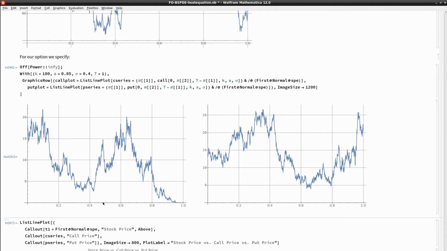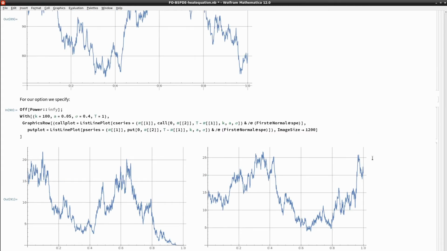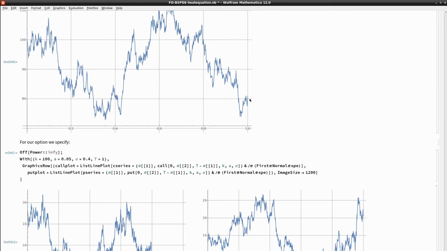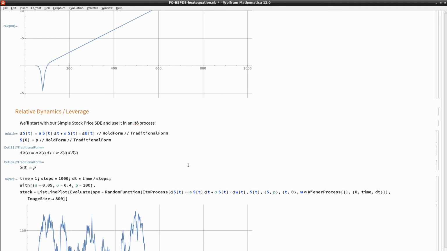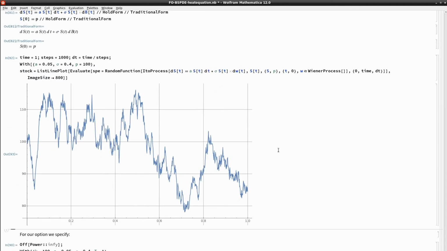But we see the calls are worthless because the stock ended below the strike. Okay, I can't really see this clearly at the end. Let's maybe do it again, maybe with something where we can see it more clearly.